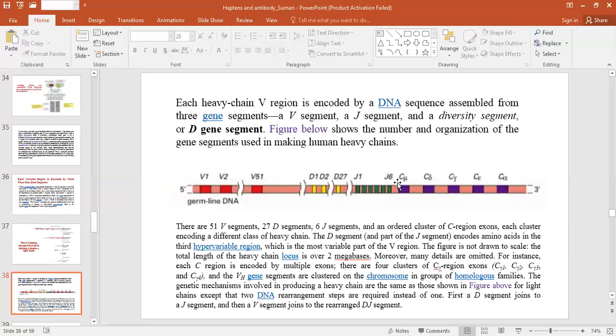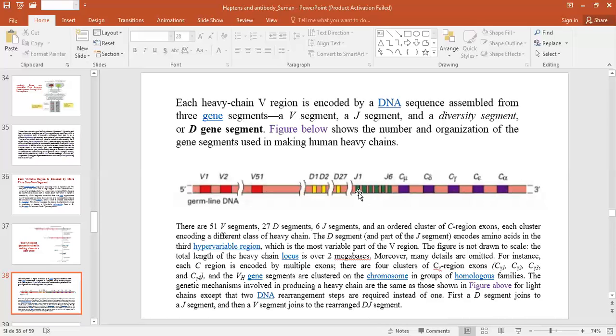And the variable heavy chain gene segments are clustered on the chromosome in groups of homologous families. The genetic mechanism involved in producing the heavy chain is the same as that shown in this figure for light chains, except that 2 DNA rearrangement steps are required instead of 1.